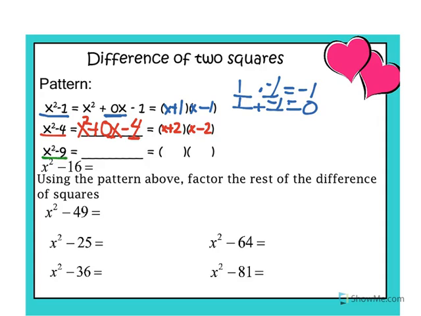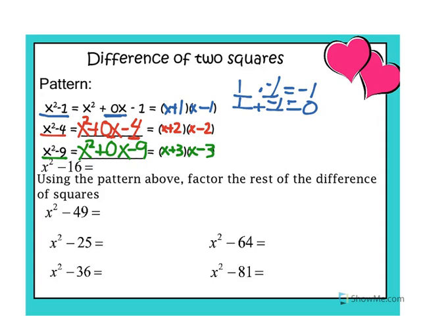Let's look at one more and see how we're doing. X squared minus 9 means we have x squared plus no x's minus 9. Well, the two numbers that multiply to negative 9 that add to 0 are positive 3 and negative 3.